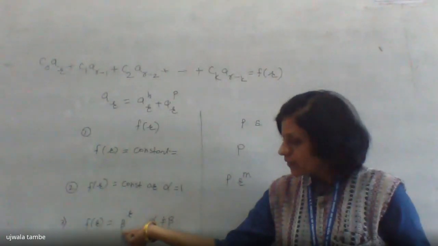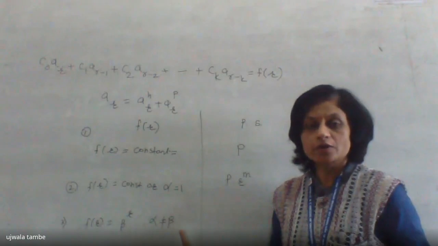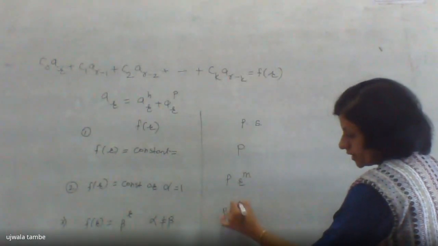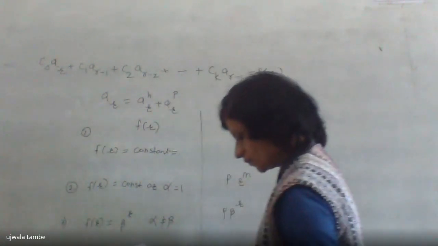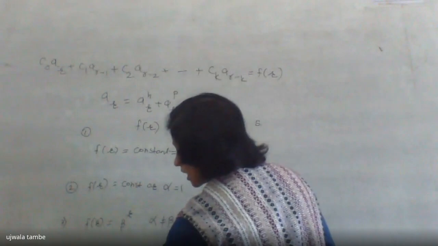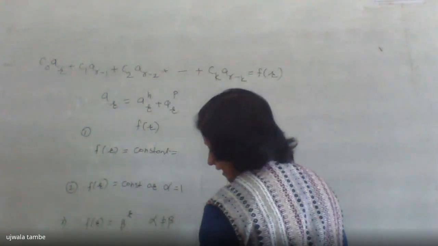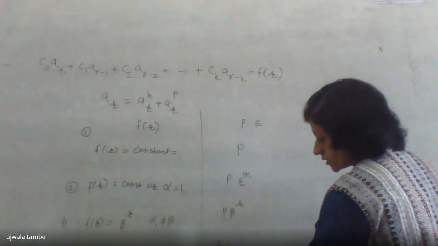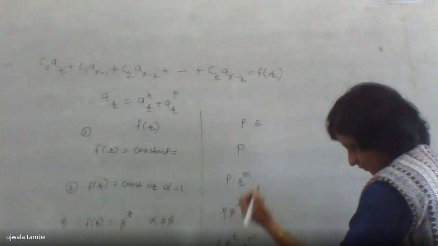If f of r is beta to the power r and alpha is not equal to beta, then its particular solution is P beta to the power r. Fourth, f of r is equal to beta to the power r and alpha is equal to beta. Therefore, its solution is P beta to the power r into r to the power n.